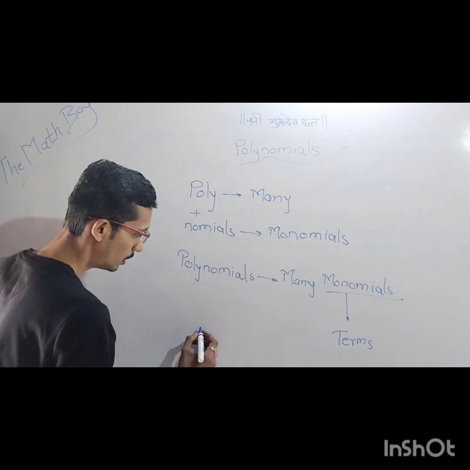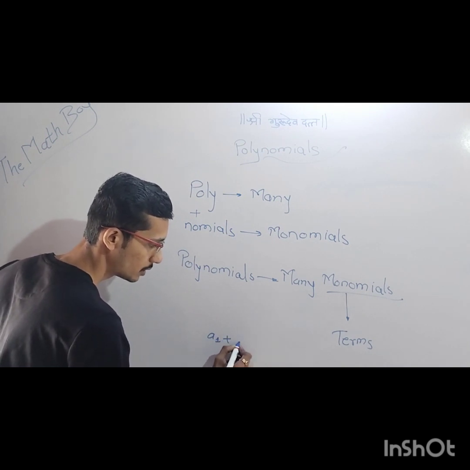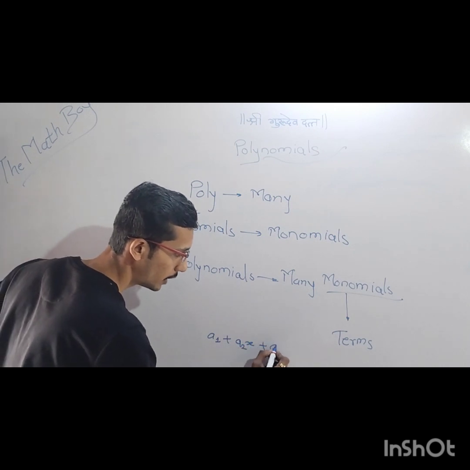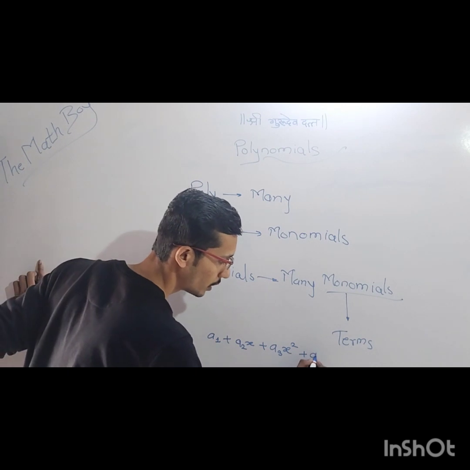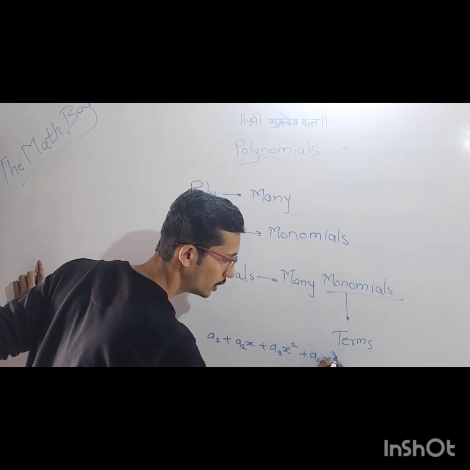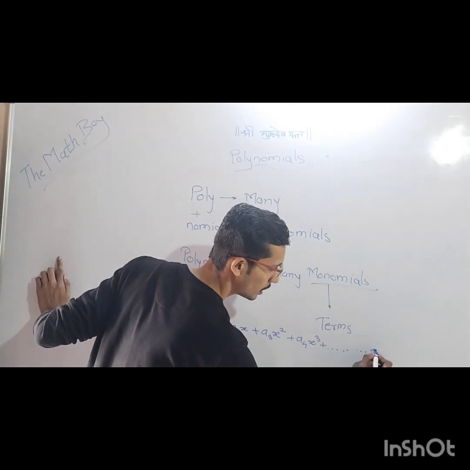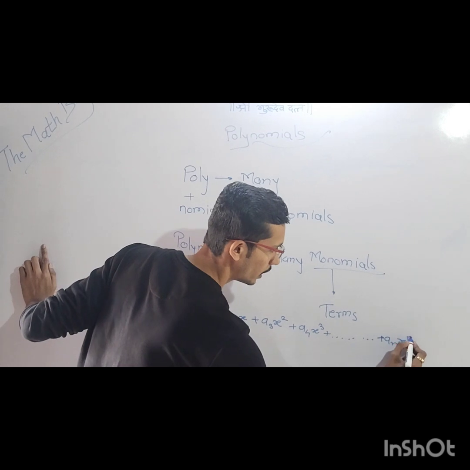So a polynomial is an algebraic expression which can be written as a1 plus a2x plus a3x square plus a4x raised to 3 plus and so on, plus an x raised to n.